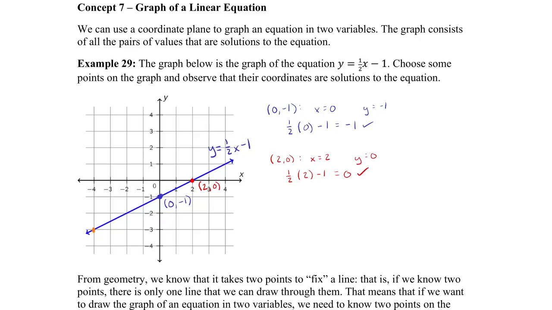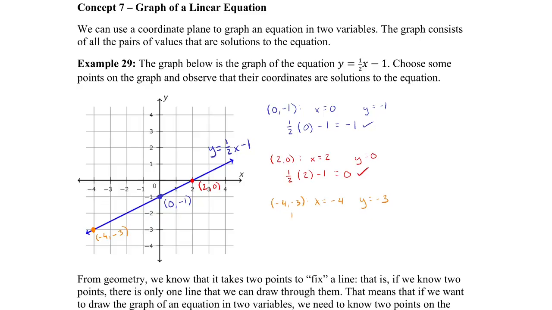I could say this point. So this is the point negative 4, negative 3. The point where x is negative 4, y is negative 3.